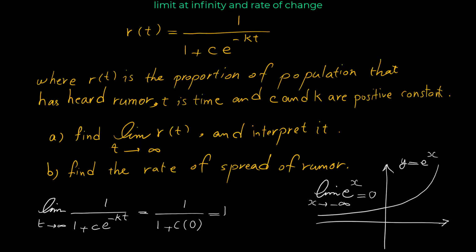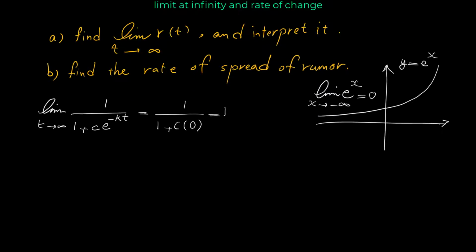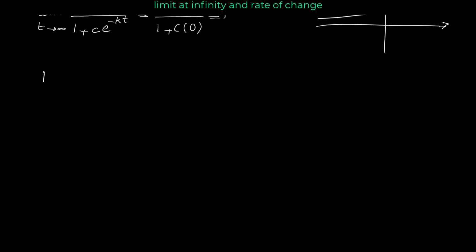So we have to take the derivative of r, which is the rumor function, with respect to time to find the rate of spread. R of t is 1 over 1 plus c e to the negative kt. To find the rate of spread, we have to find r prime of t, or dr over dt.